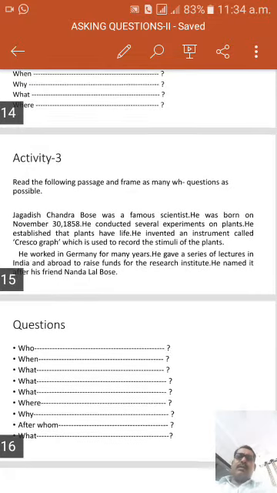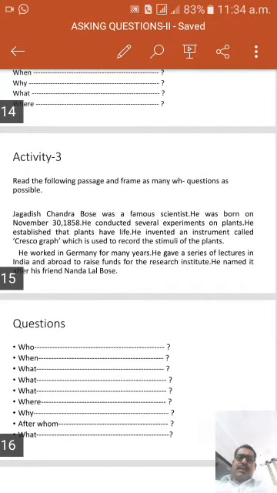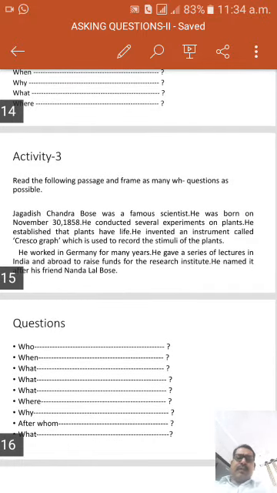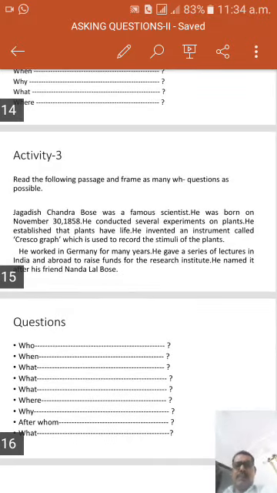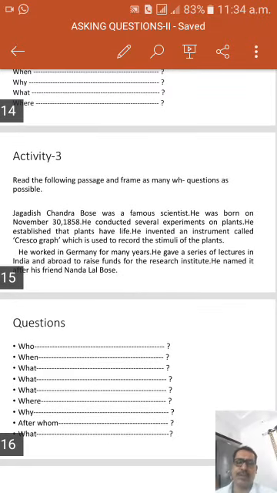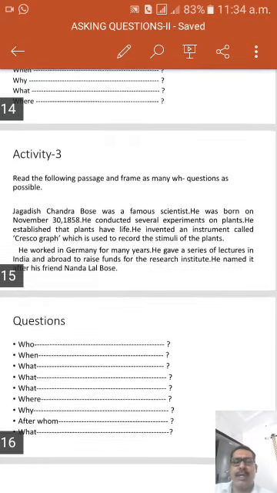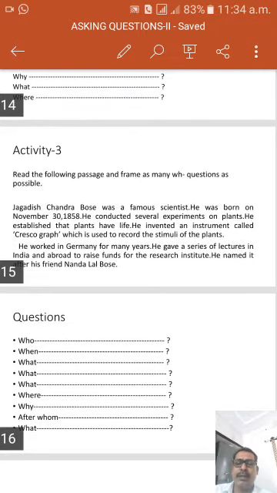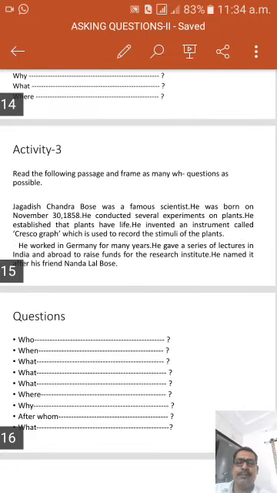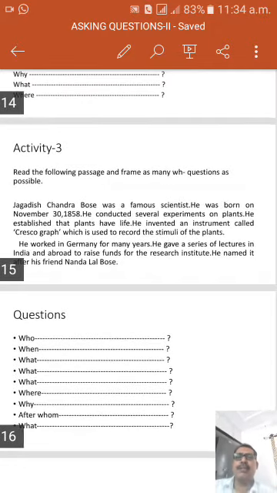So first read the passage, then understand the information given in the passage, then frame some WH questions. Unless you understand the passage in terms of its meaning, you cannot frame good WH questions. Let us read the passage.